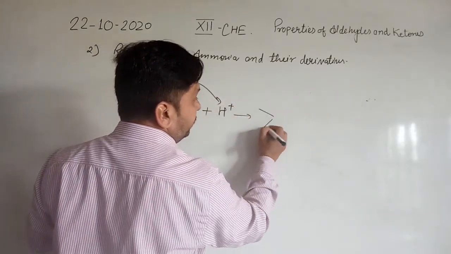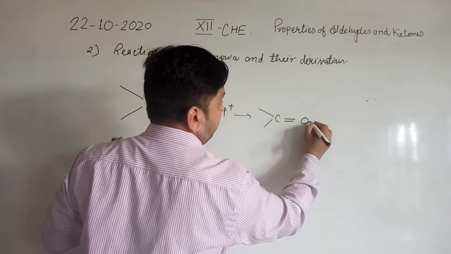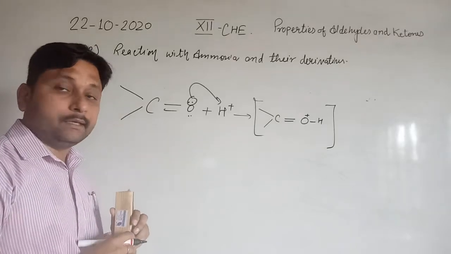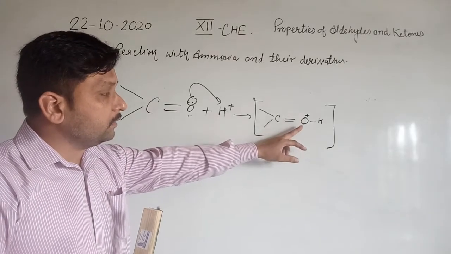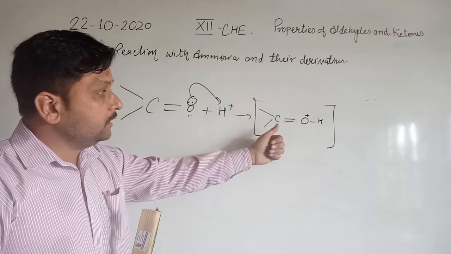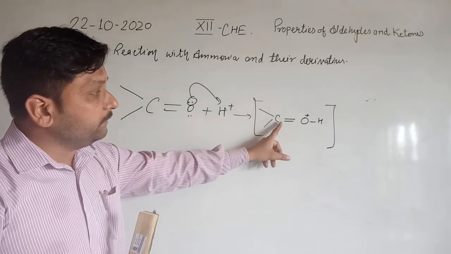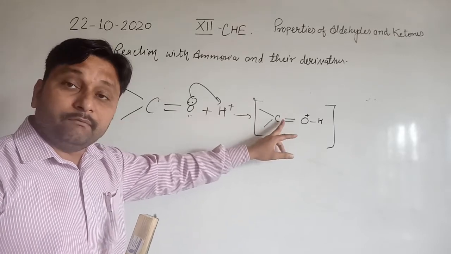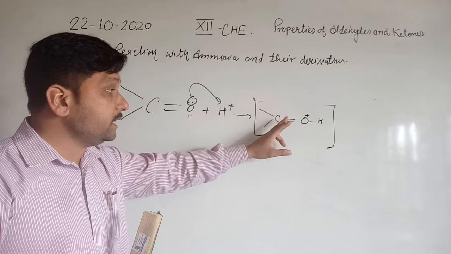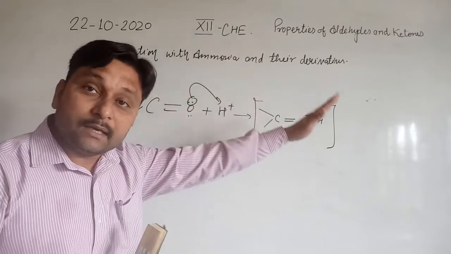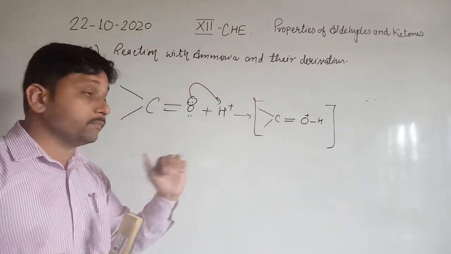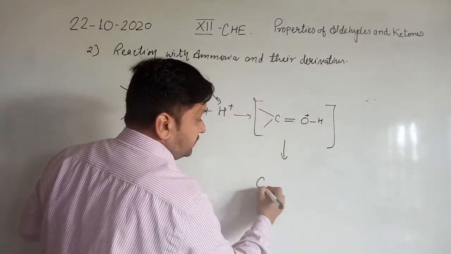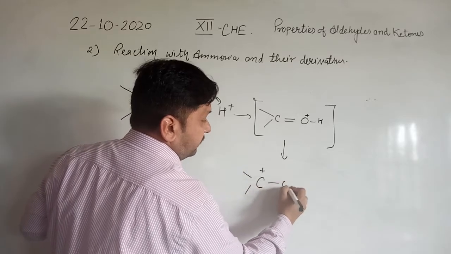As the oxygen gets a positive charge, instantly the pi bond between the carbon and oxygen loses its bonding condition, and the pi electrons are transferred towards the more electronegative atom, that is the oxygen atom, and the carbon contains a positive charge. It means it will convert into this carbocation condition.